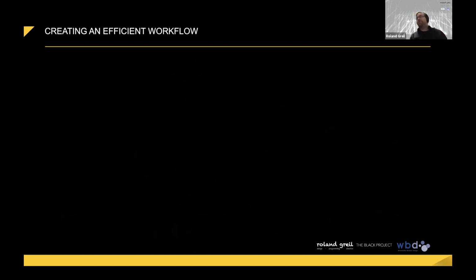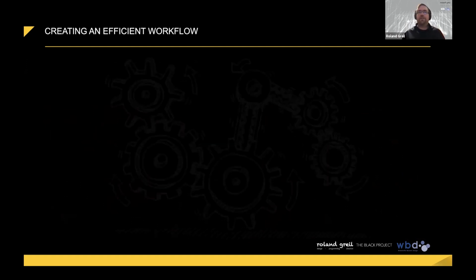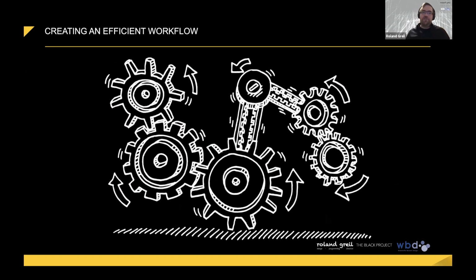An efficient workflow here is a lot about communication between your team. And I found this lovely graphic here, which is showing some gears. Working together is always like multiple gears working together.